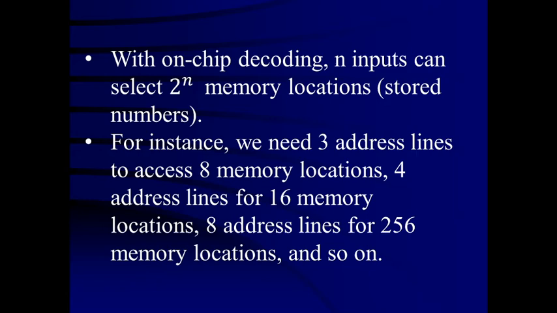If you are having 4 inputs ABCD, then 2 raised to 4, 16 memory locations are possible. If there are 8 address lines, then 2 raised to 8, that is 256 memory locations are possible. If you are having 10 input lines, that means 2 raised to 10, 1024 words can be stored, or address lines are going to be there where the data can be stored.